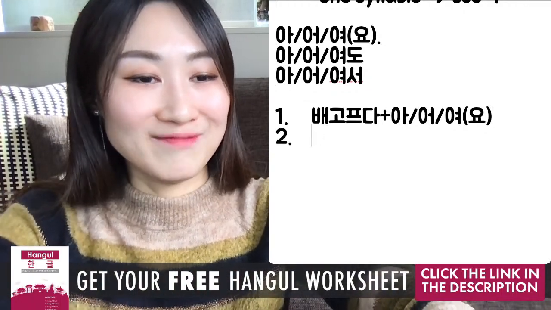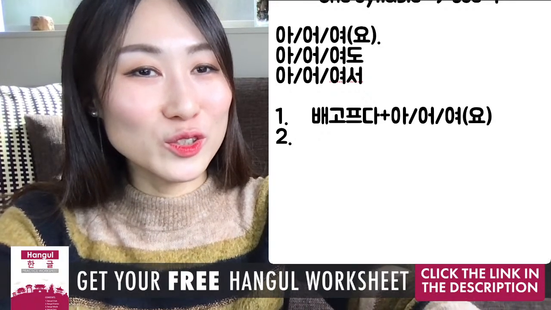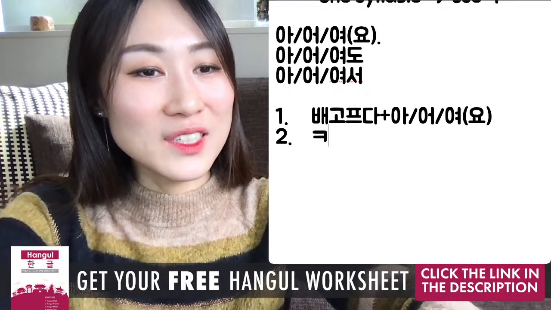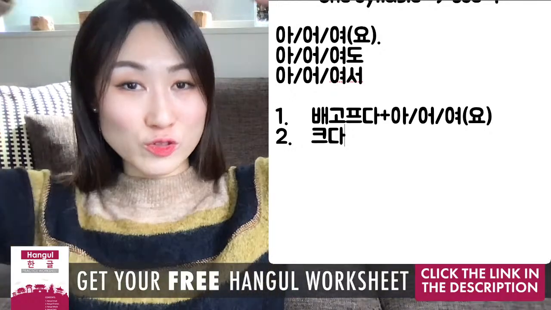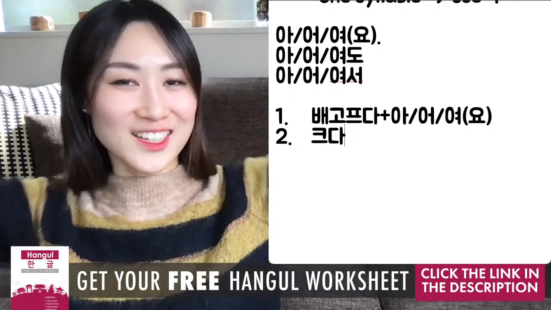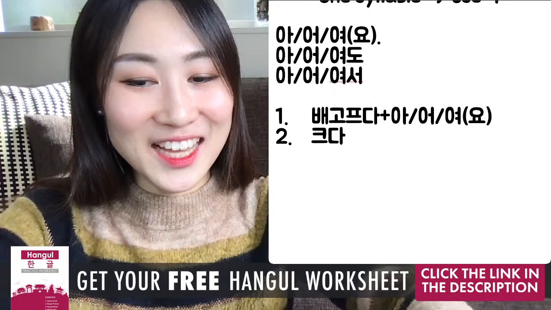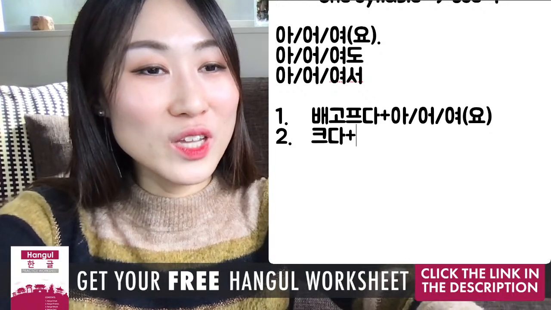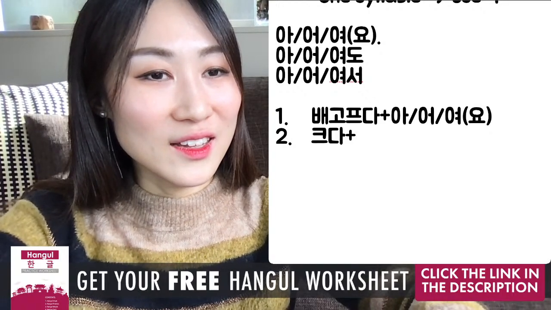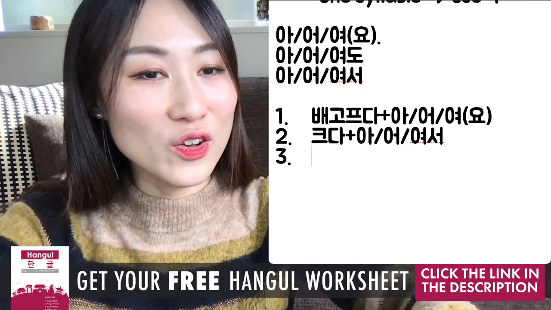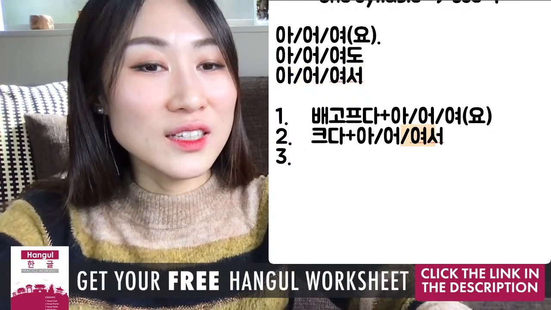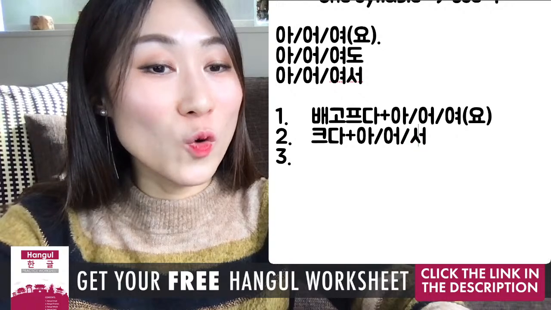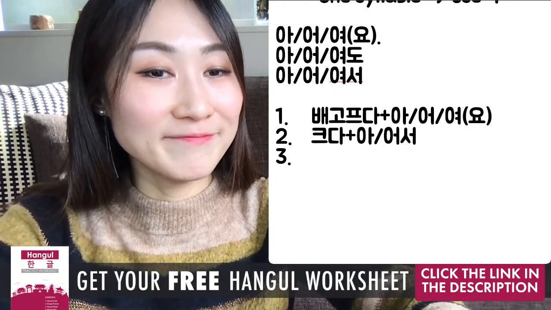Number two, we have 크다. For example, house. My house is big. 크다. And please conjugate it with 아, 어, 여서. Actually, 여서 is only used for 하다 verbs, so let me remove it.